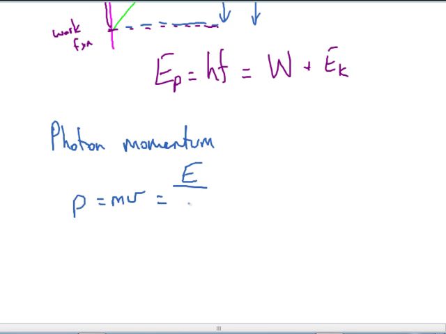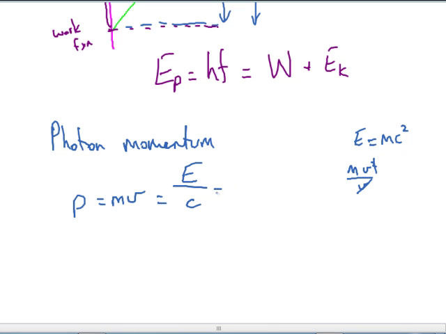We can rearrange that to be E over c, and that's because E equals mc squared, which is equivalent, or mass times velocity squared over velocity, would give us mv, so it's the same as E divided by c.